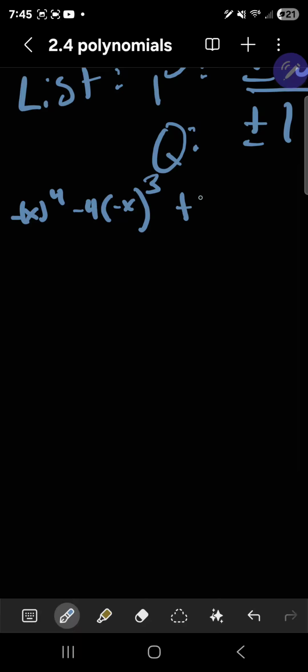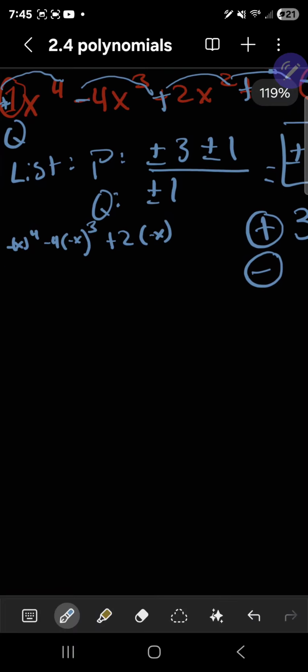Negative x to the fourth minus 4 times negative x cubed plus 2 times negative x squared plus 4 times negative x minus 3. Okay, so negative x to the fourth power.